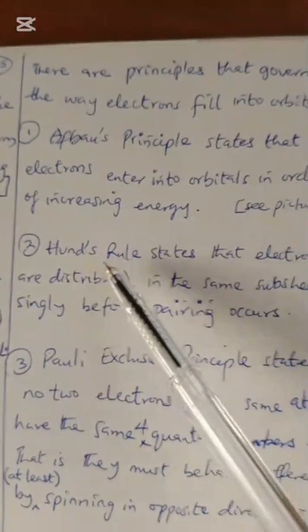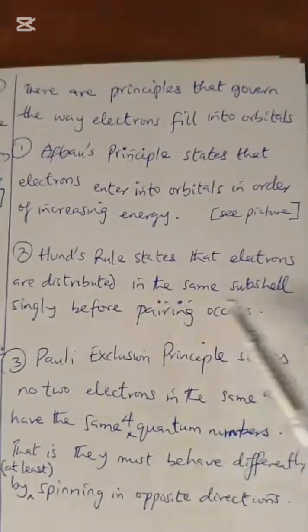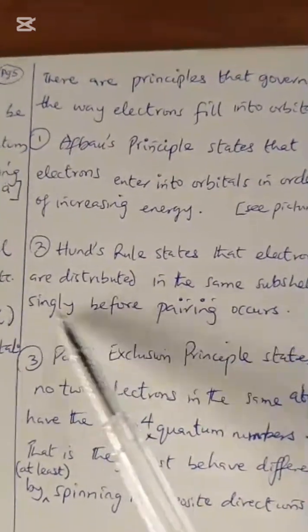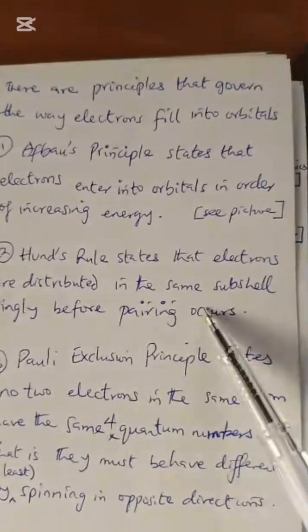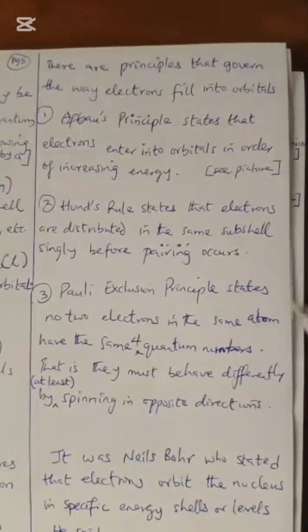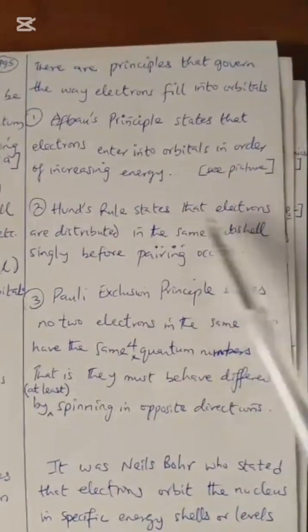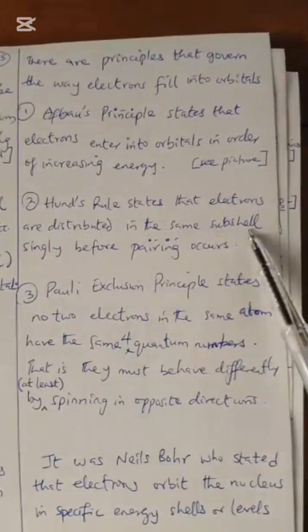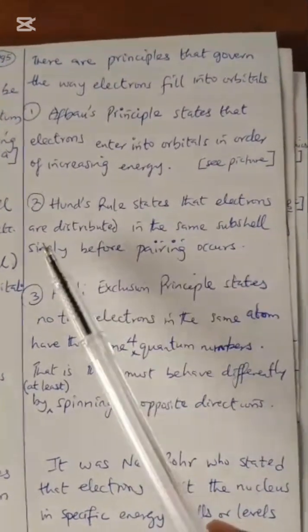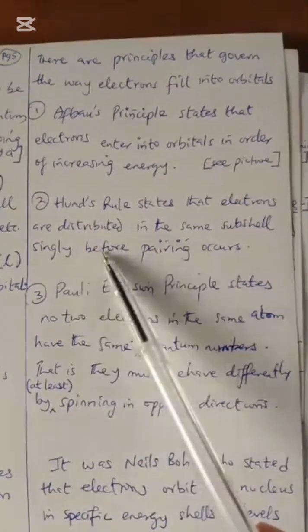It's saying that, so this brings us to the third principle. It's called Hund's rule. Hund's rule states that electrons are distributed in the same subshell singly, that is 1 by 1, before pairing occurs. Pairing means doubling up.